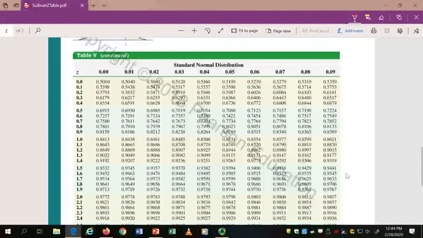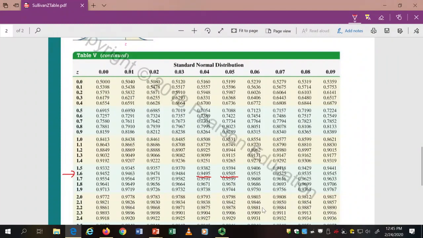About 1.64. Yep. Go down this row, 1.6, and you scroll across, and you'll notice right here you're just under the 95th percentile, because it's 0.9495. And then right here, you jump up over the 95th percentile.